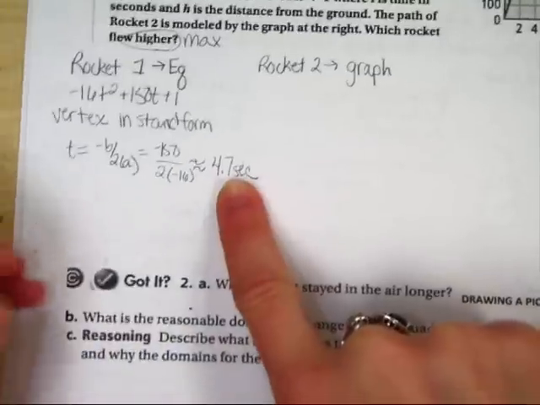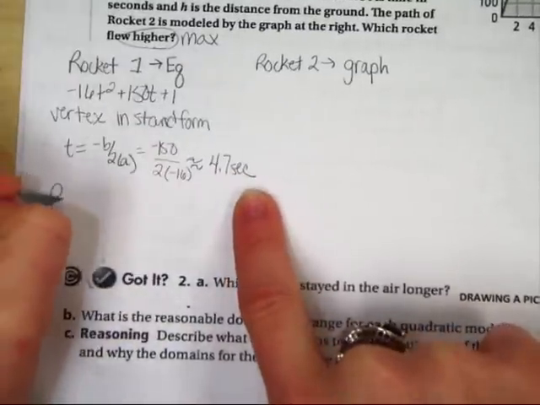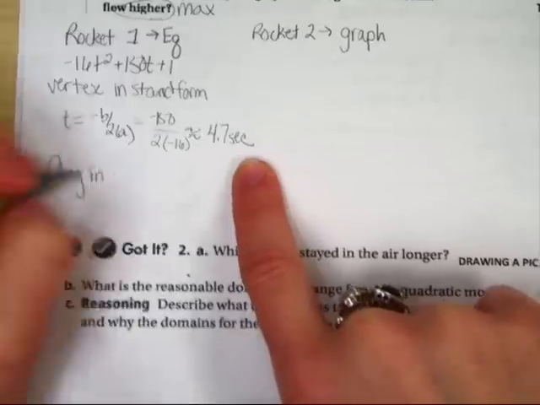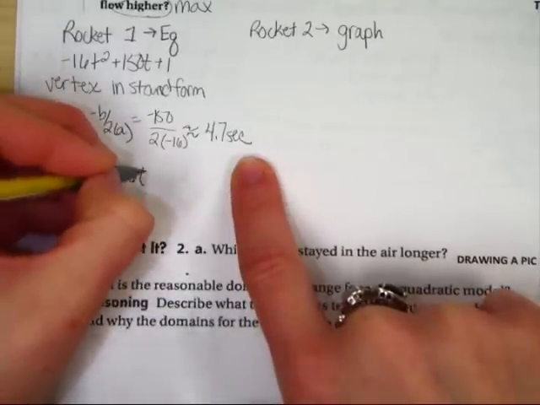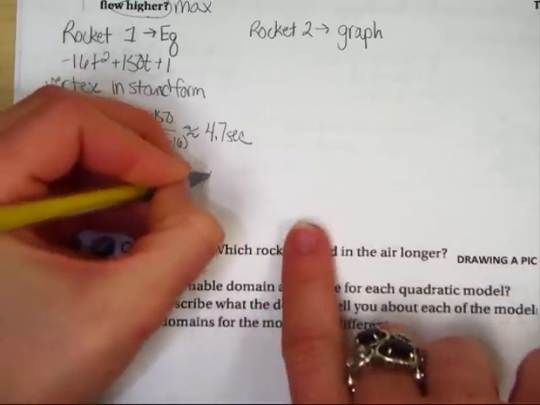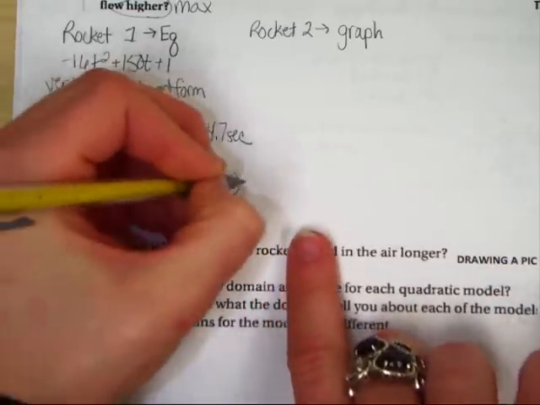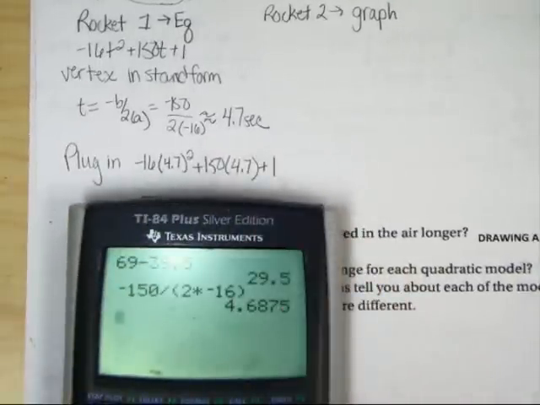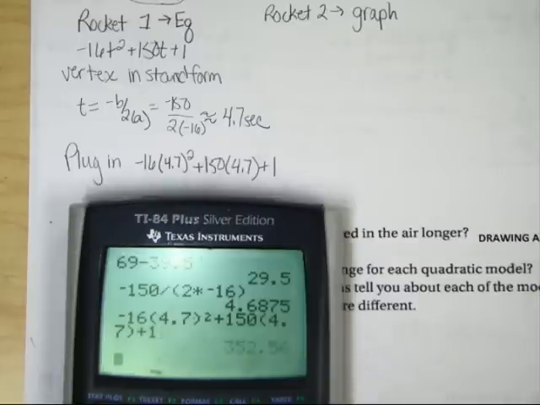Alright, let's continue on. If you plug that in, you will get negative 16 times 4.7 quantity squared plus 150 times 4.7 plus 1 at the end.